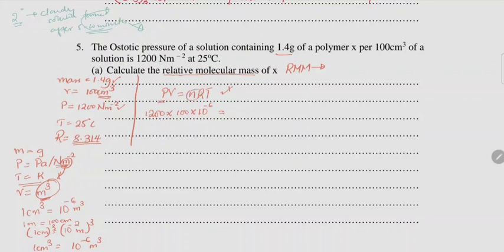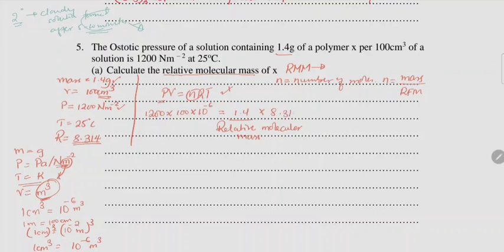Let's go to the other side. n is number of moles. So moles is mass over RFM, right? So mass is 1.4 divided by relative molecular mass. Let's write all of it. Avoid short forms in paper 1.